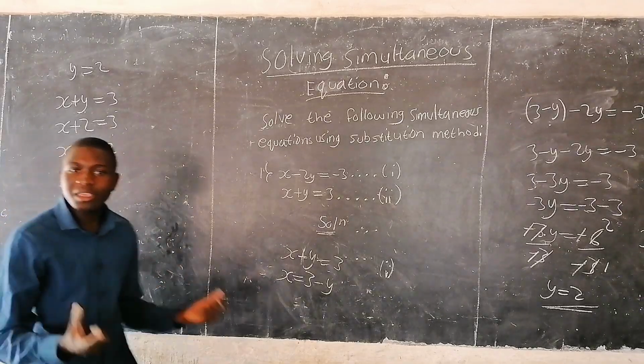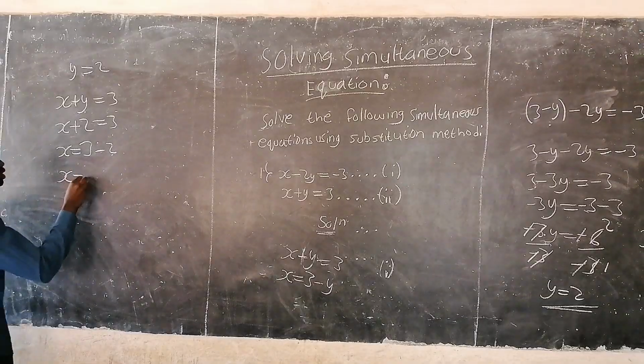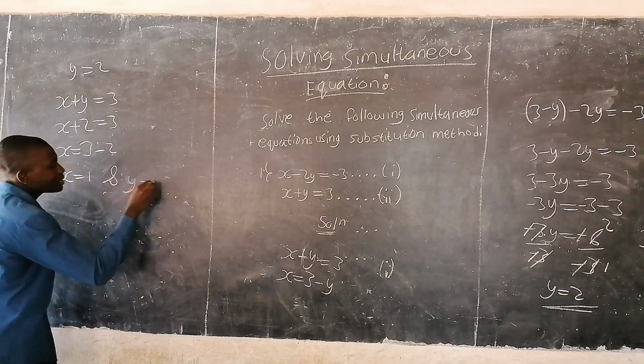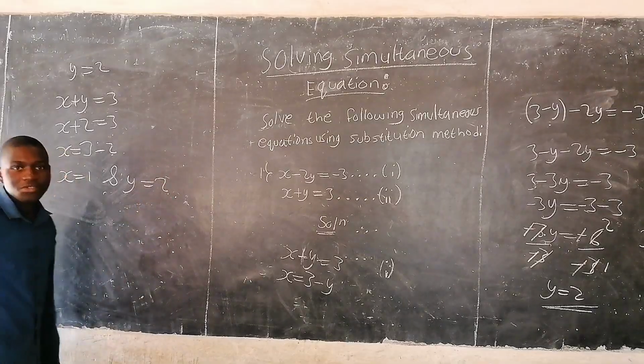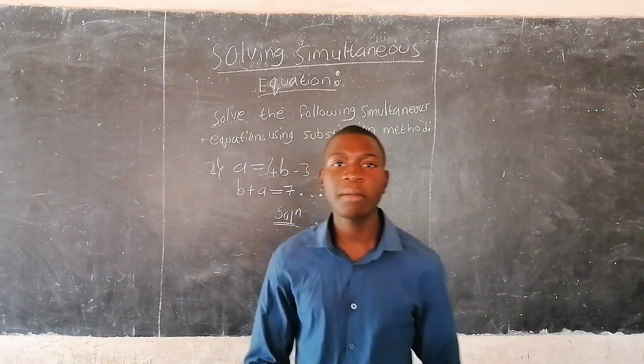As we know, 3 minus 2 is 1, that means x is equal to 1 and y is equal to 2. That's our answer for our first equation. That was equation number 1.